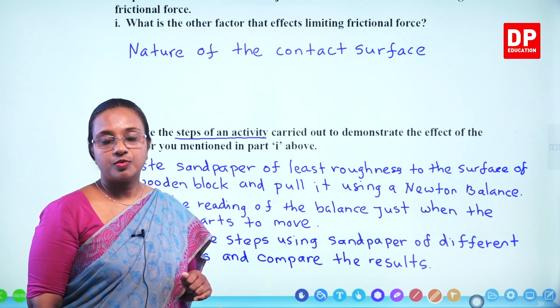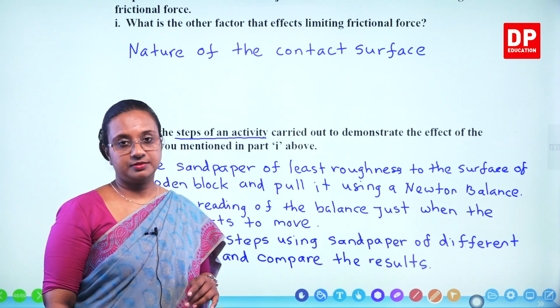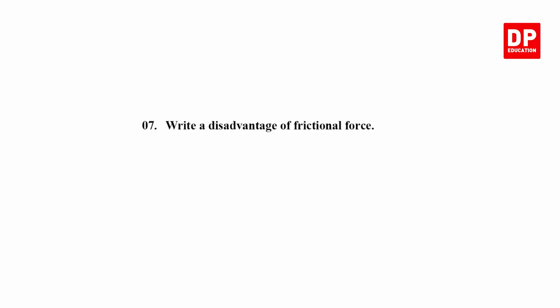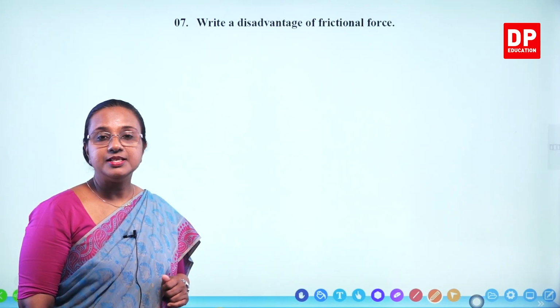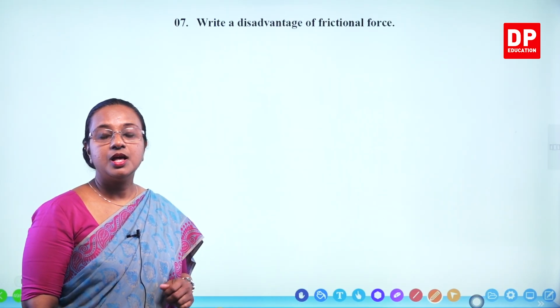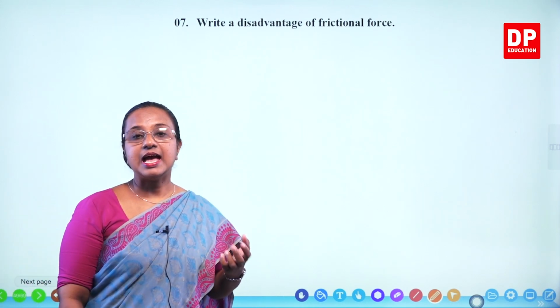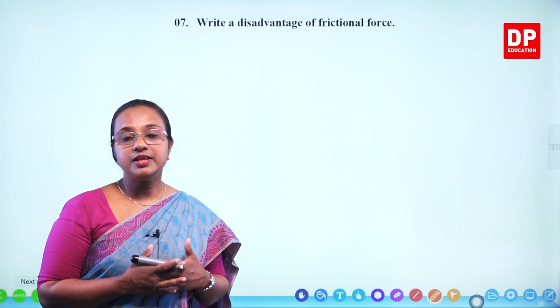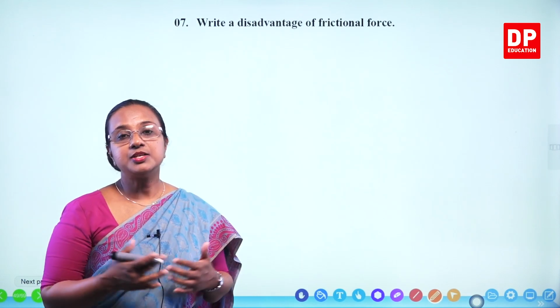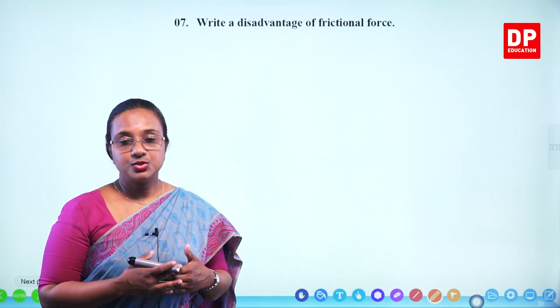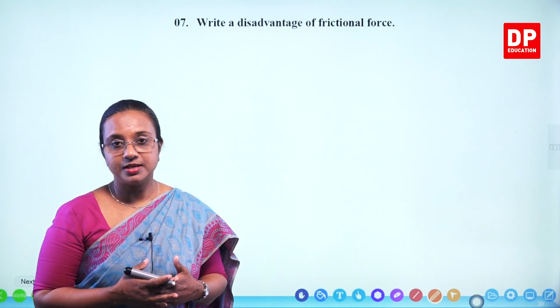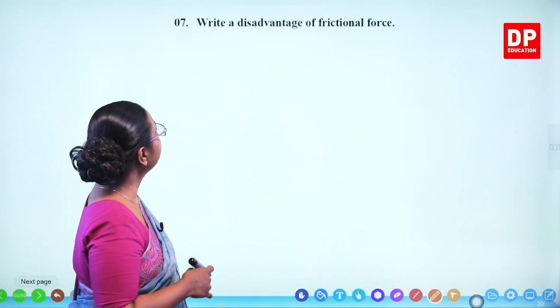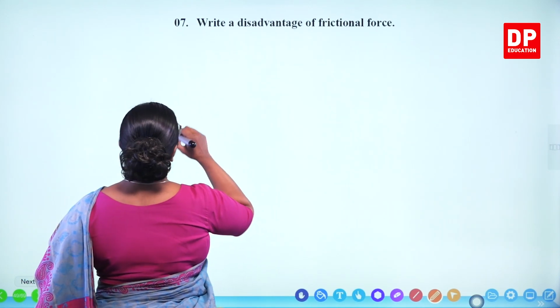Now let us move on to the next question. Write a disadvantage of frictional force. There are many disadvantages. Loss of energy as heat due to the friction between parts of machines is one such disadvantage. So we can write that as the answer here.